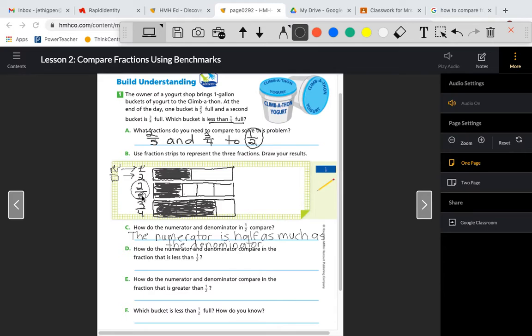Half of 5 would be 2.5, so 2 is less than half. So we can say the numerator, which is the top number, is less than half as much as the denominator.